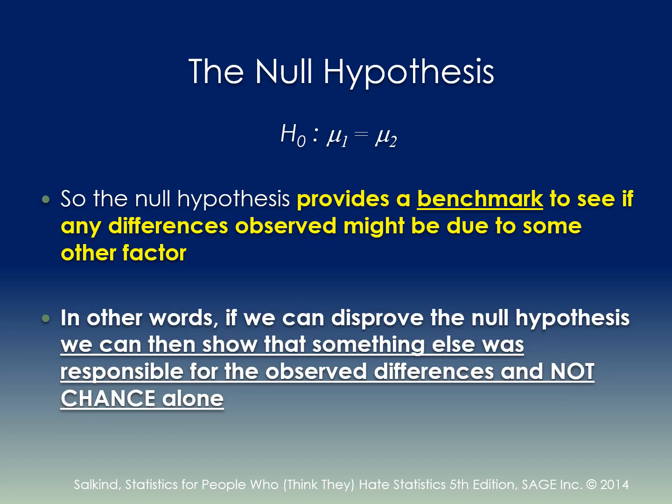So the null hypothesis then provides a benchmark to see if any of the differences observed might be due to some other factor, right? In other words, if you can disprove the null hypothesis statistically, we can then show that something else was responsible for the observed differences and not chance alone. And generally, that's what the researcher did in the experiment, right? We think that if we take this x and apply it to y, we're going to see a change in y. A change in y could have happened by chance.